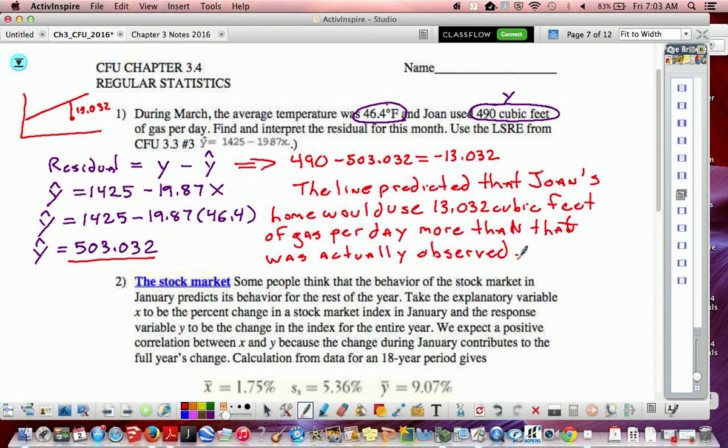So the prediction line is telling us that we're going to use about 13 more cubic feet of gas than she actually used on a temperature of 46.4 degrees.